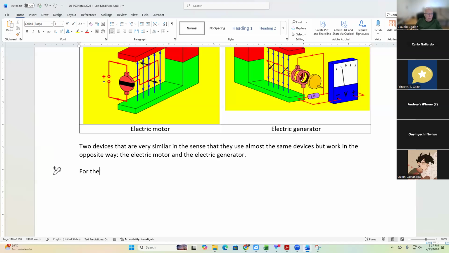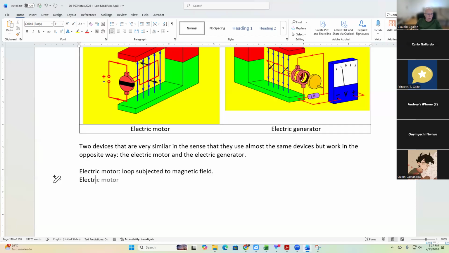For the electric motor: loop subjected to a magnetic field, right?